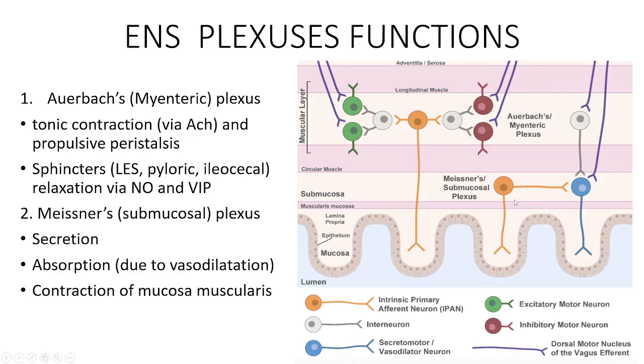The submucosal plexus, as you can see, can control contractions of the small muscular layer, the muscularis mucosa, this one, but is mainly involved with secretions. It can also regulate absorption due to its effect on the vessels. Dilatation of the vessels in the mucous layer can allow for better absorption.